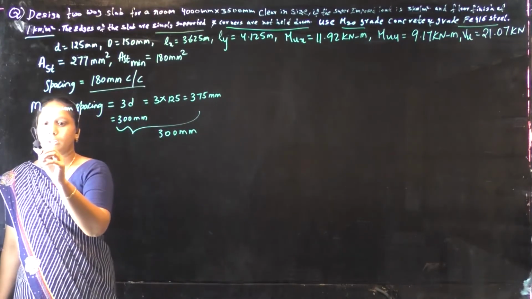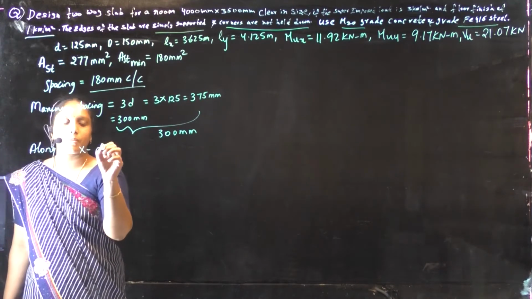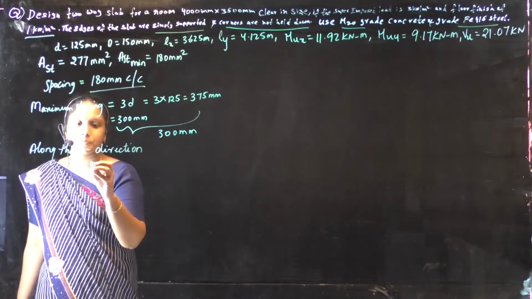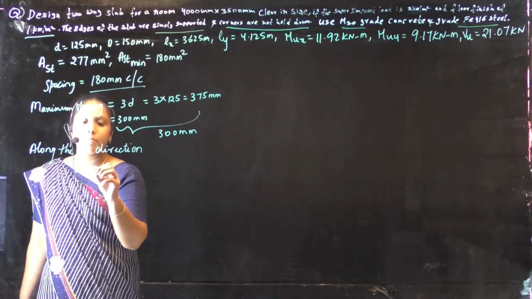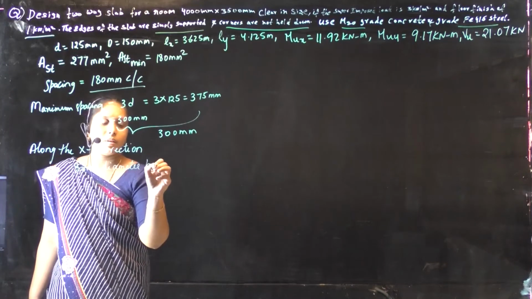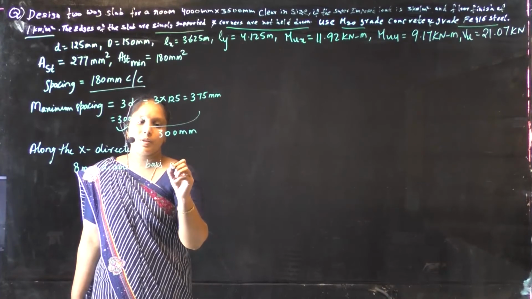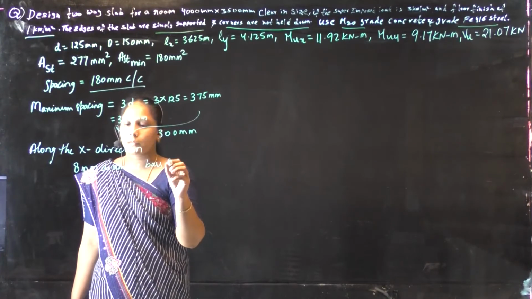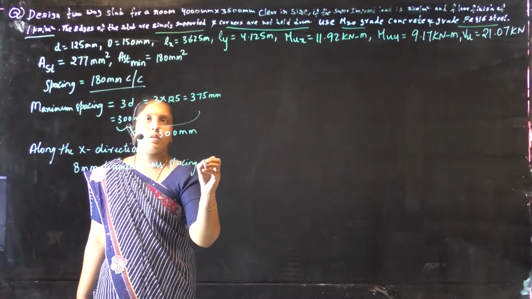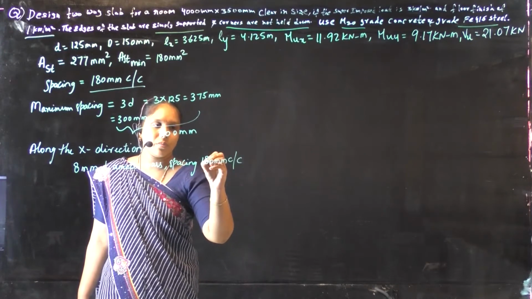So along the x direction, we have to provide 8 mm diameter bars spaced 180 mm center to center.